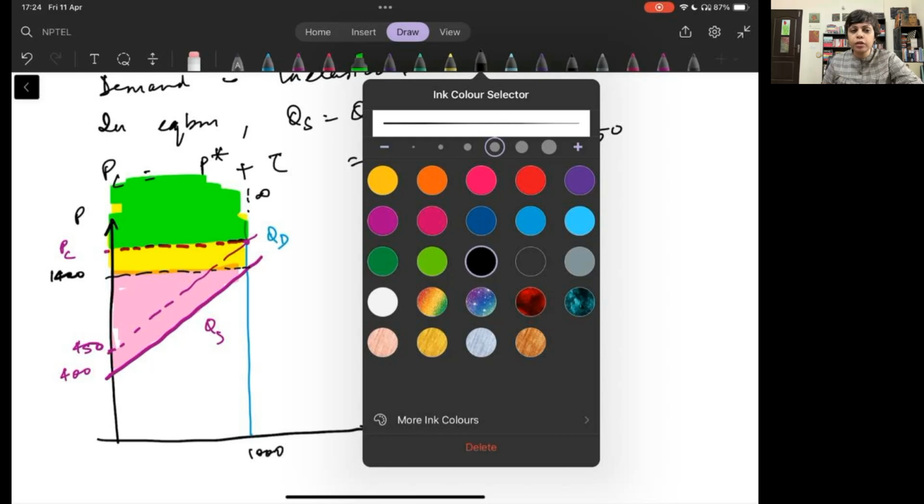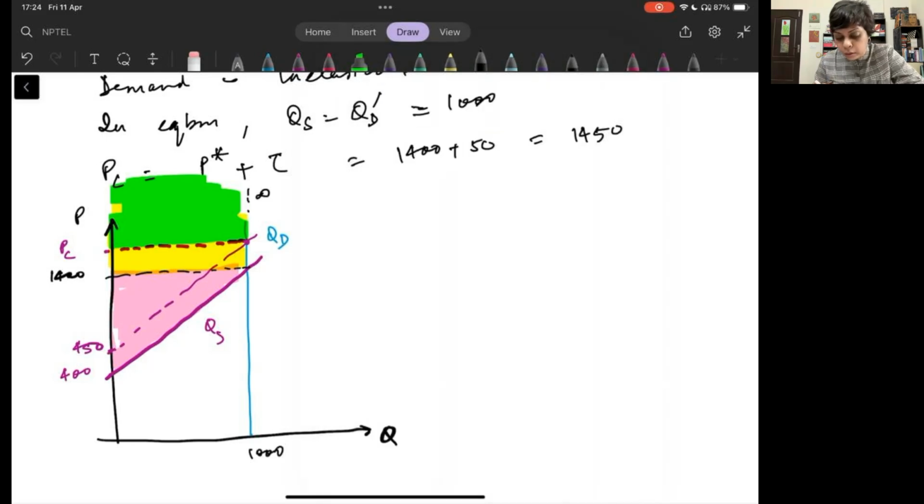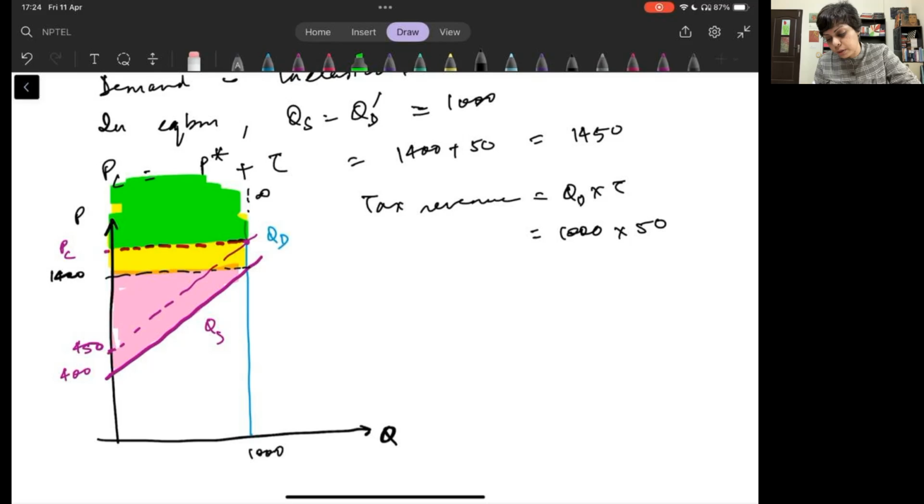The tax revenue which the government is generating is nothing but QD into tau, 1000 into 50, which is 50,000. That is the only loss in consumer surplus. But infinity minus some value is still infinity. So there is no change in consumer surplus and there is no change in producer surplus.